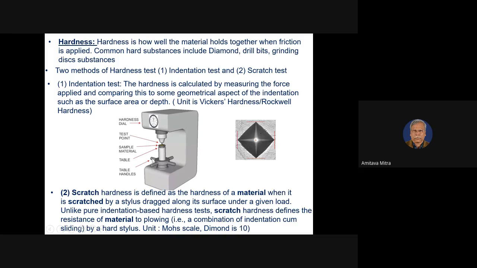You give a particular load on the material, by which a triangular, rectangular or square shape is obtained, and you can measure the diagonal of this, and this diagonal at this particular load is the measure of the hardness. This is called Vickers hardness, so it is called something like 20 Vickers hardness, or it is also called 20 Rockwell hardness. It is the standard by which you measure with a standard tip, and by which the material hardness is defined.